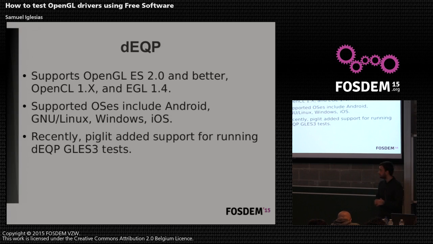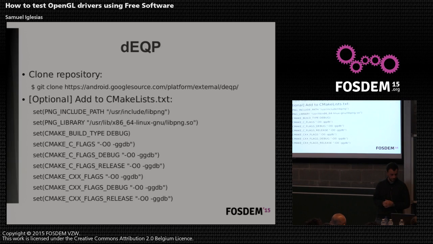This conformance test suite supports OpenGL ES 2.0, 3.0, 3.1, OpenGL, and EGL. The supported operating systems include Android, GNU Linux, and others. And recently, like 2 months ago, Piglit also added support for running the OpenGL ES3 tests from the Draw Elements conformance test suite.